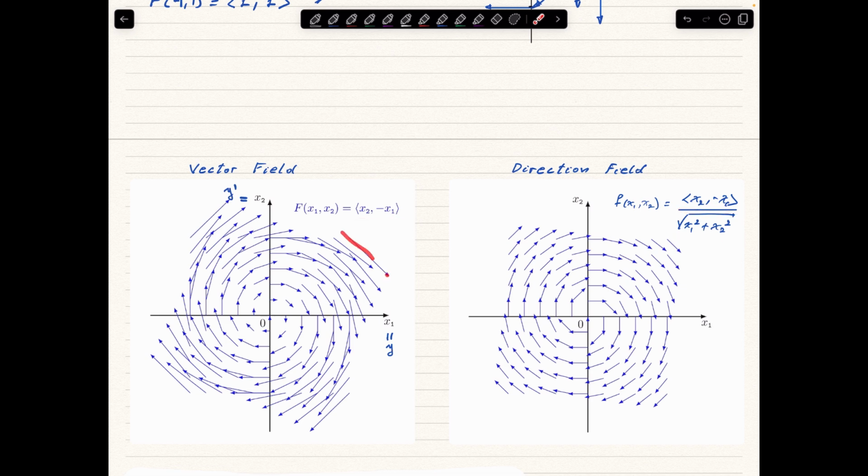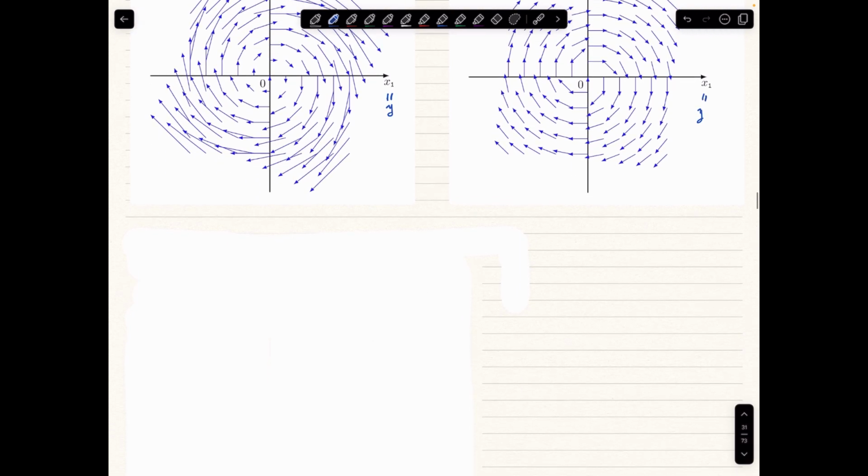So all these vectors have length 1. So that is a vector field with some physical meaning that we are going to talk about later in more detail. This is the displacement. This is the velocity.